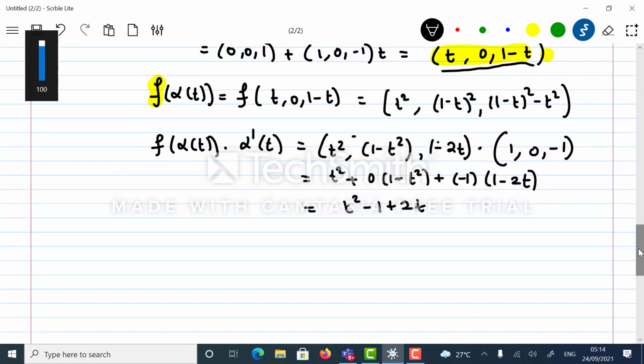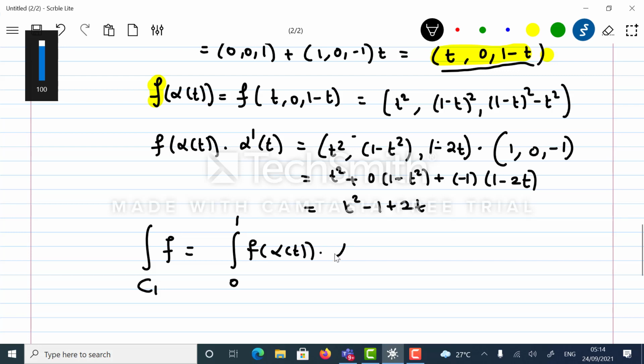And then evaluating the line integral won't be difficult. Line integral along C1 of f is equal to integral from 0 to 1 of f of alpha t dot alpha dash t dt, which is integral from 0 to 1 of t square minus 1 plus 2t dt.